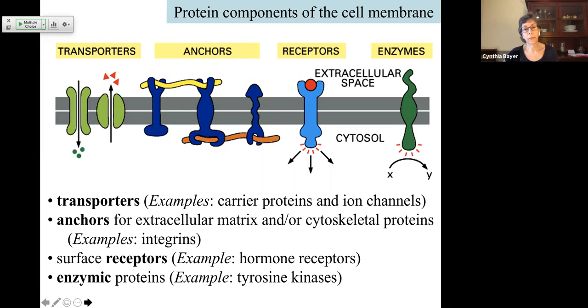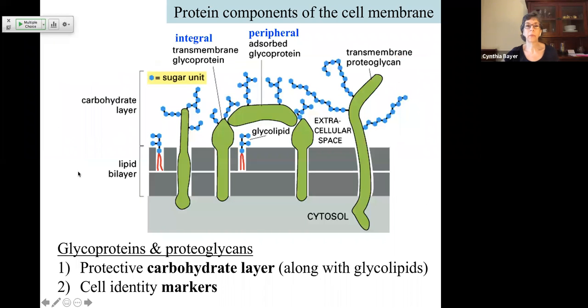If we look at our proteins in our lipid bilayer, again, we want to think about them in a couple of contexts. The ones we've talked about so far, we can call integral membrane proteins because they have a transmembrane domain.